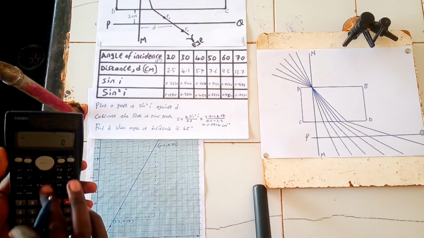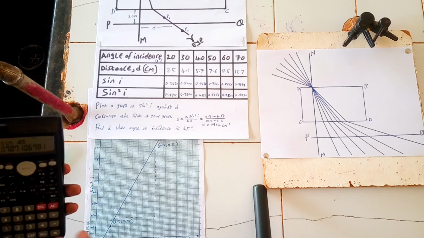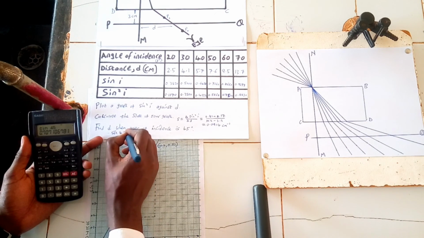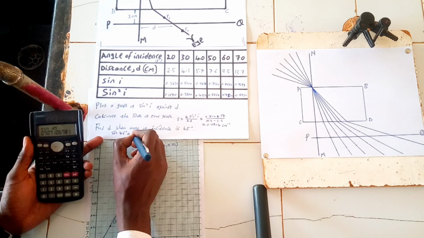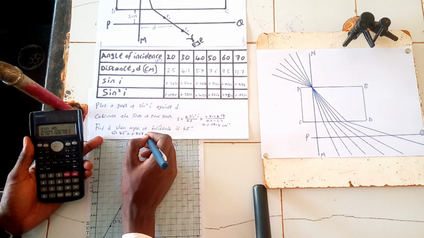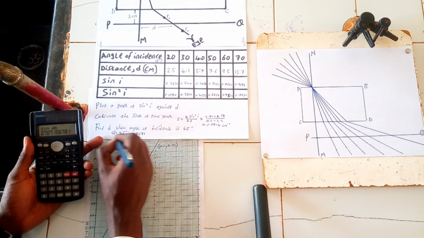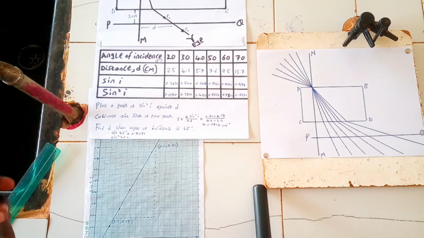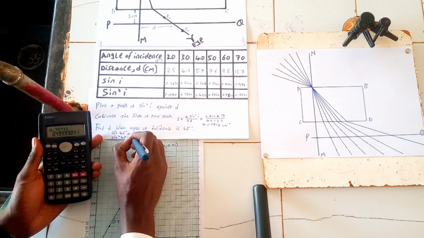So sin 45 degrees is 0.7071. Then sin² 45, so we square that, 0.7071 squared. That gives us 0.500.